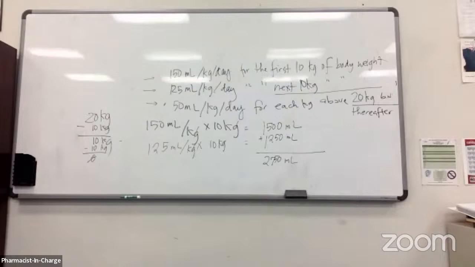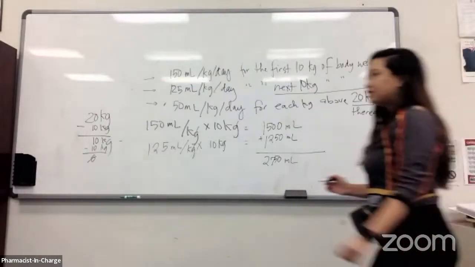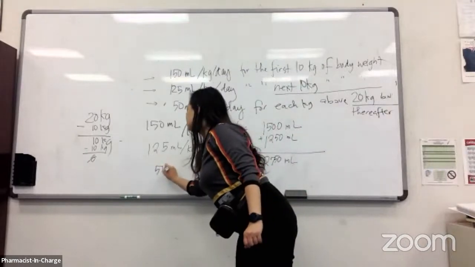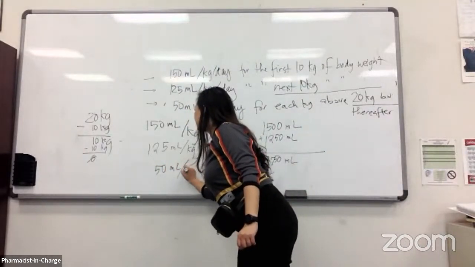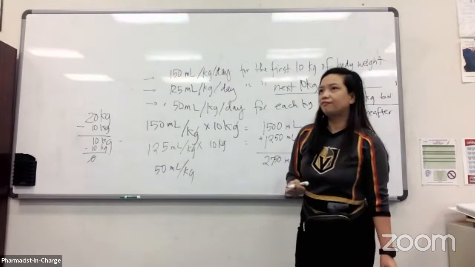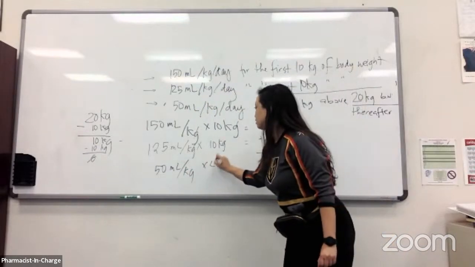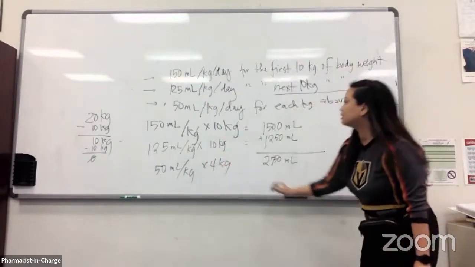Now for Paula's 24 kilograms. So will Paula have a third tier? Yes. Very good. So this will be 50 ml per kilogram. And what will be here? Times? Very good. And then what do we do with that one?